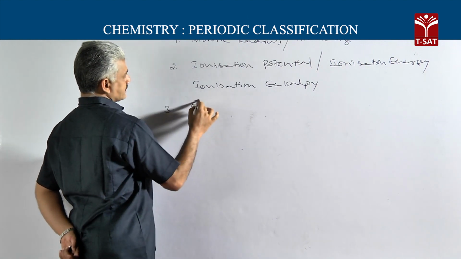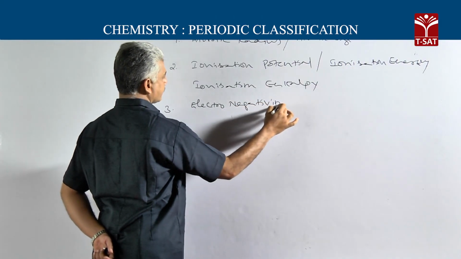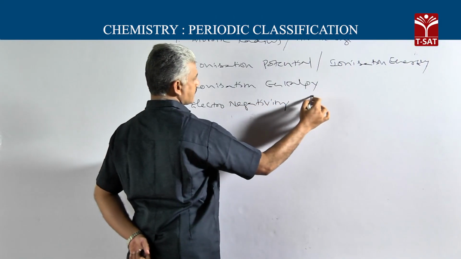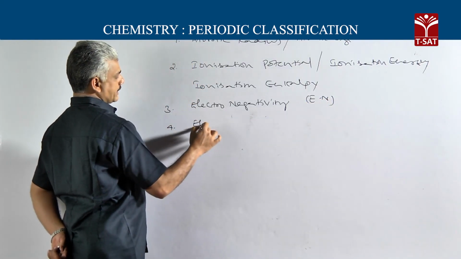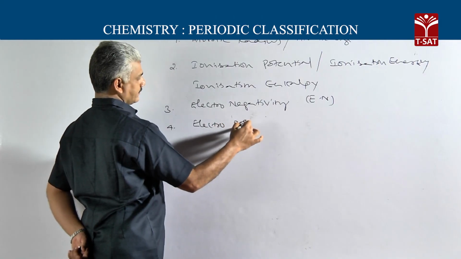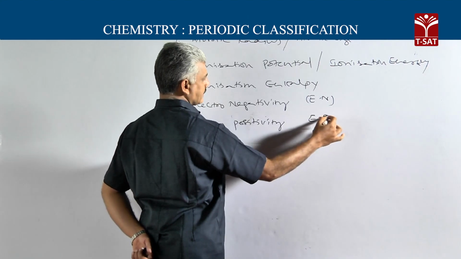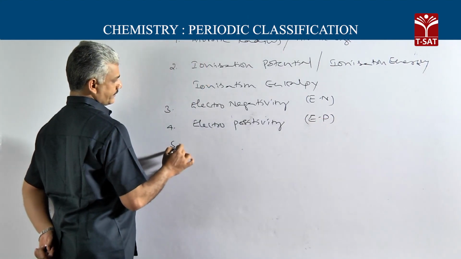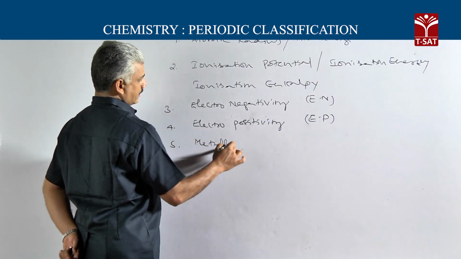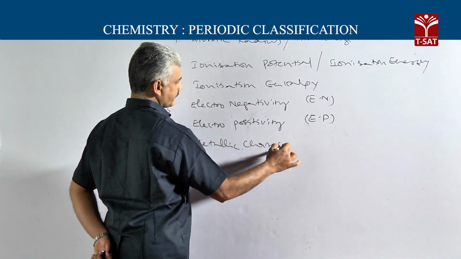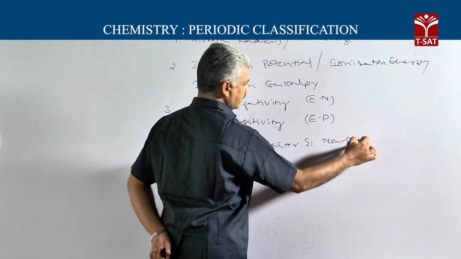Next property is electronegativity, in short called EN. Then electropositivity, in short called EP. Then metallic character and non-metallic character.